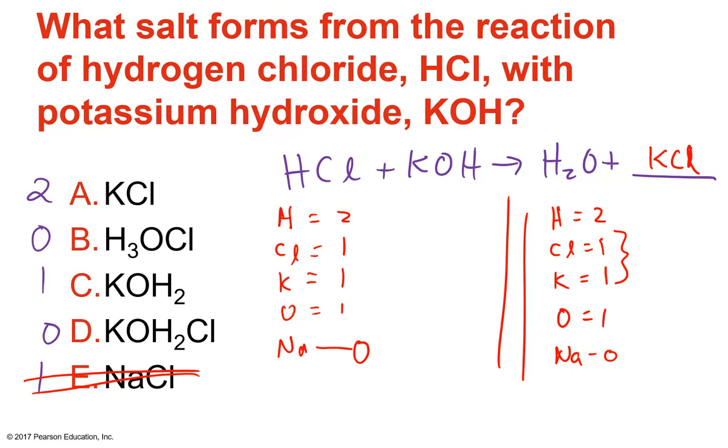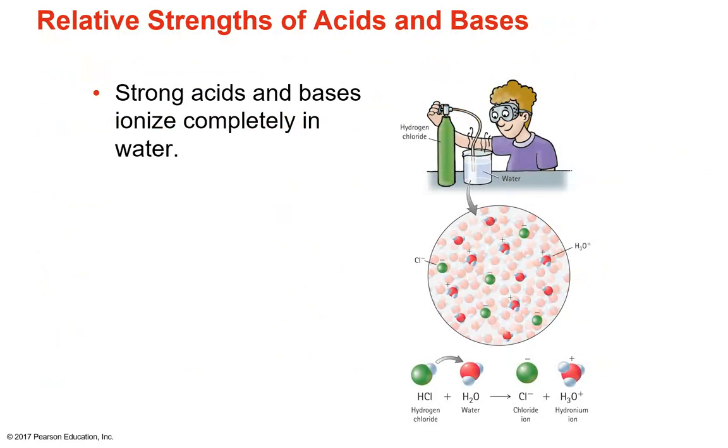What makes the salt a light salt, by the way? It's light on sodium chloride. More specifically, it's light on sodium. Relative strengths. This was something that Alex alluded to right at the very beginning when I asked about what you know about acids and bases. And so strong acids and bases will completely ionize in water, but only really strong ones.